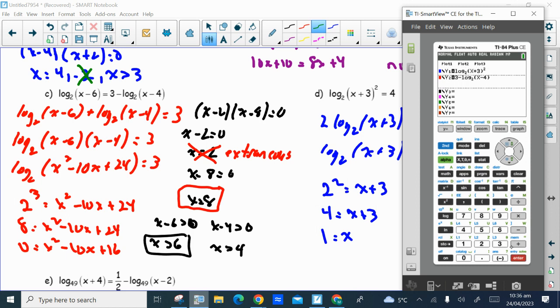The right side is just the number 4. Now this actually shows 2. Let me just check that, make sure that's in there right. Log base 2 of x plus 3 all squared equals 4. Yep.